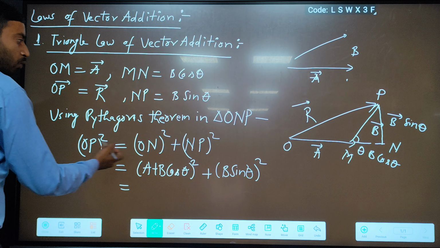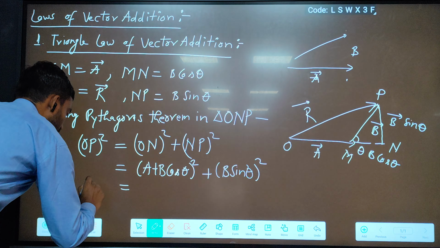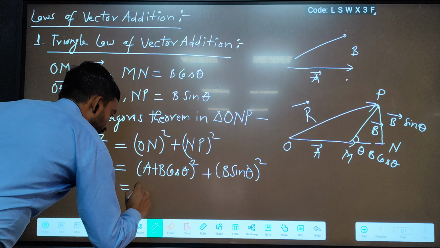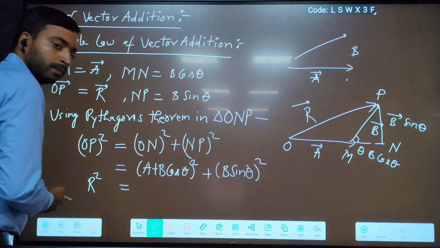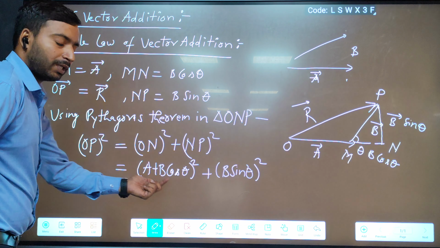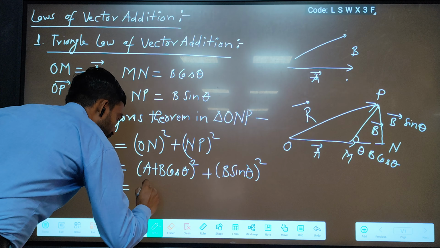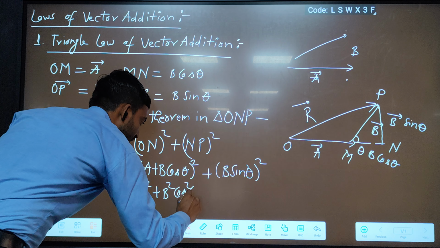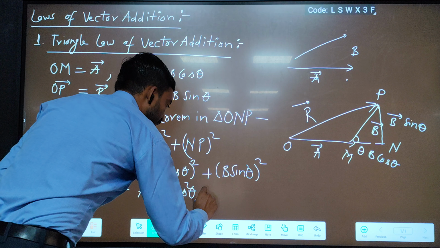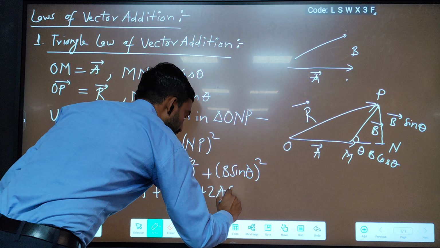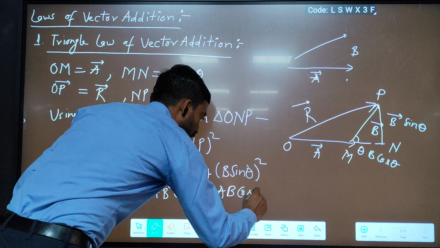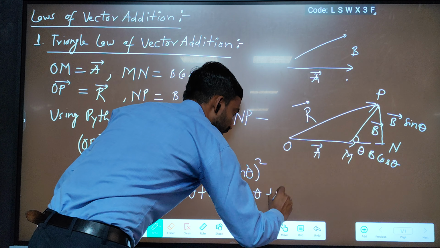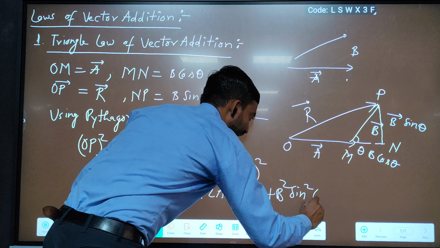Now solving this, OP is R, so this will be R square, and applying the identity (A plus B) whole square here, we will get A square plus B square cos square theta plus 2AB cos theta plus B square sin square theta.